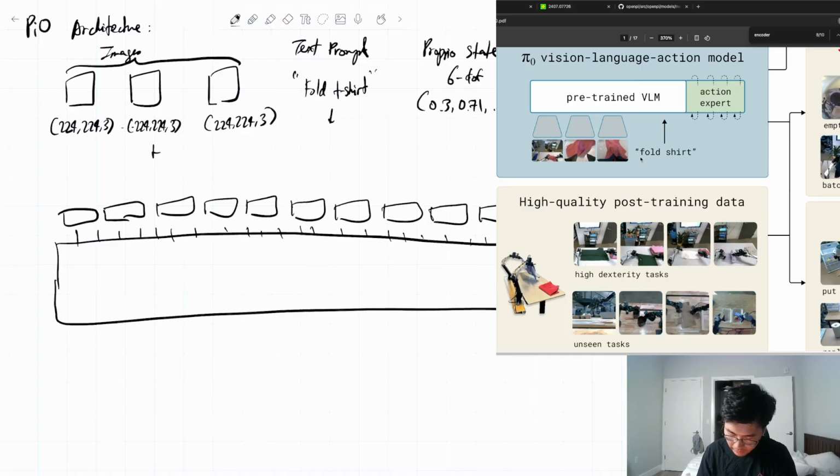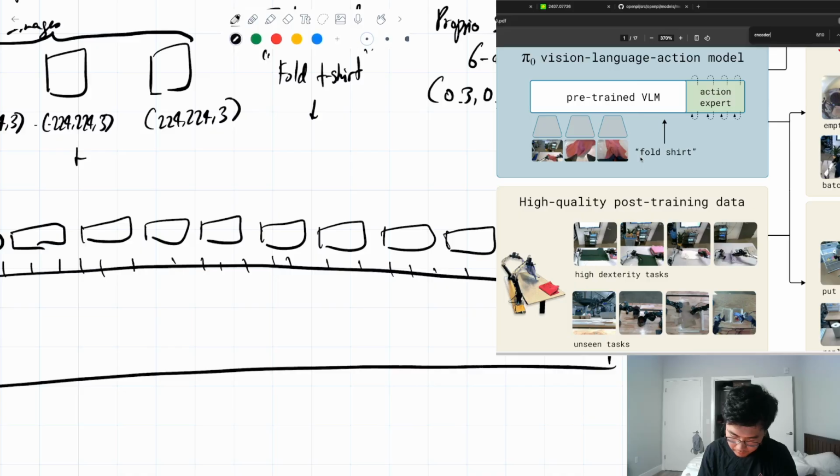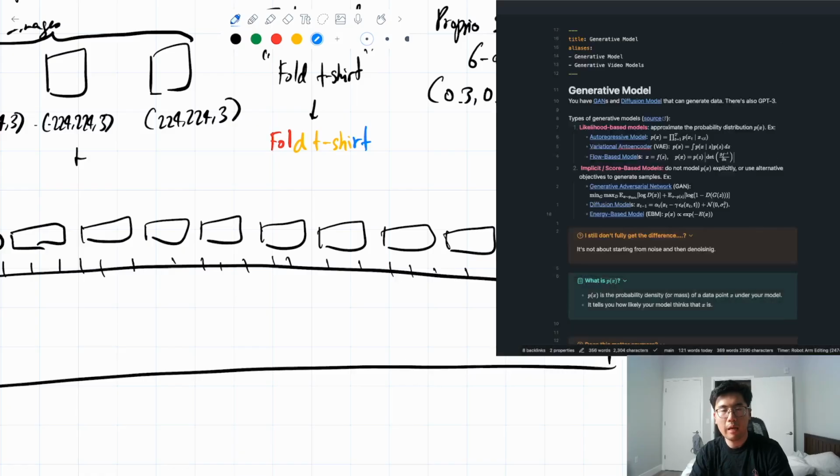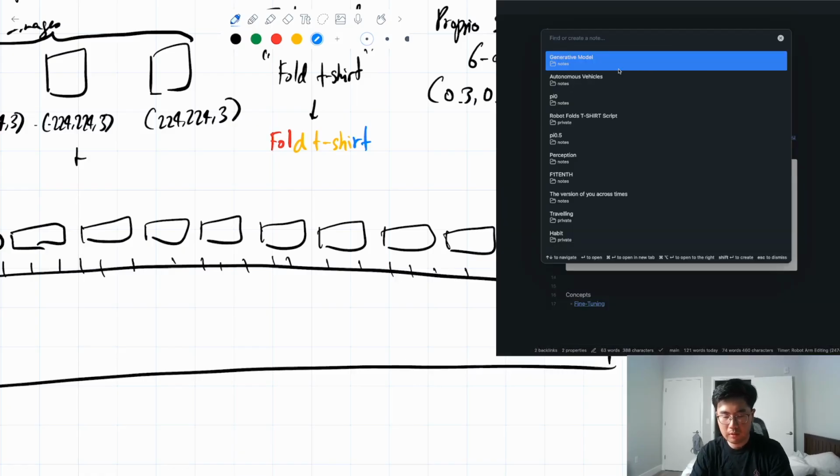This tokenization happens, let me use a different color, maybe "fold" and then "T," and then this maps to some embedding vector. I'm referring to my mental model of how a transformer works.